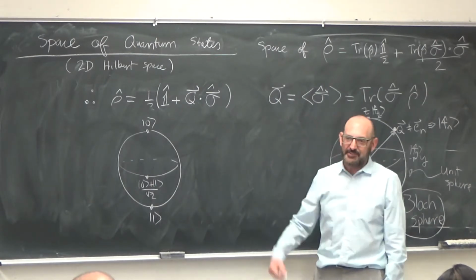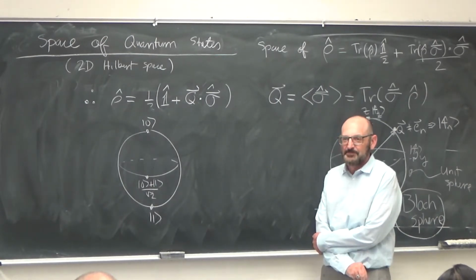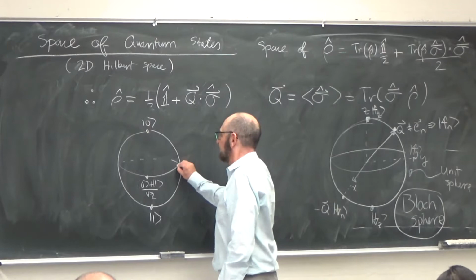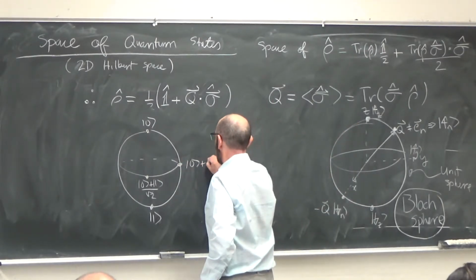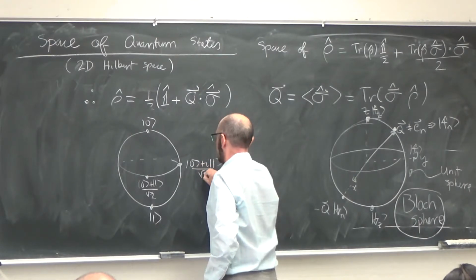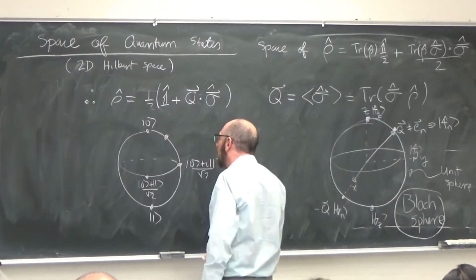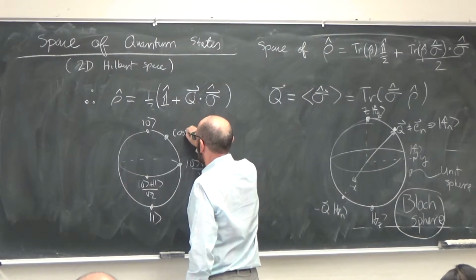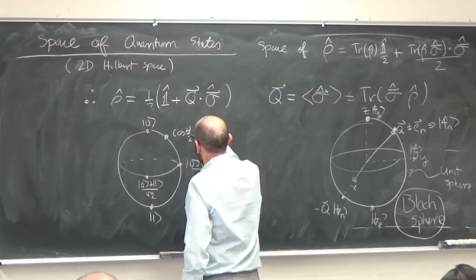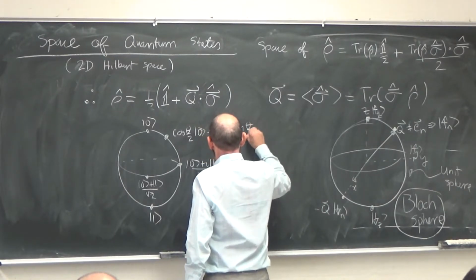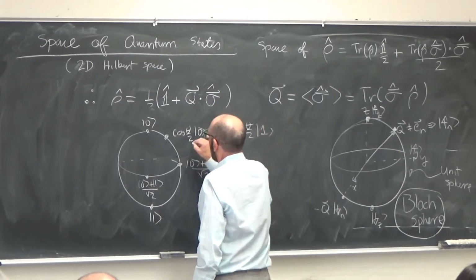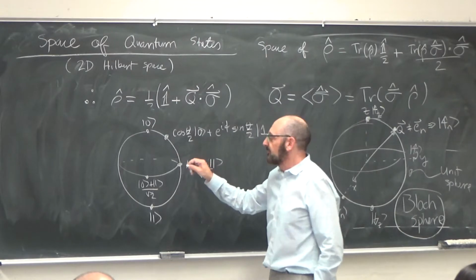That's up along x, right? And what state sits over here? 0 plus i, 1. Exactly. And what state sits over here? Well, cosine theta over 2, 0 plus e to the i phi sine theta over 2, 1. Where those are the polar angles.